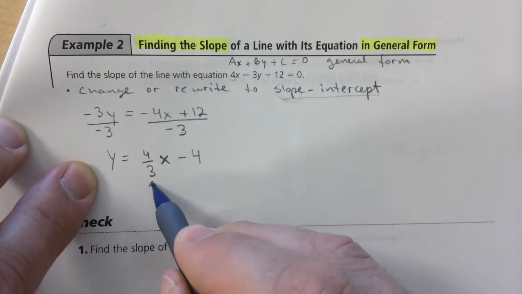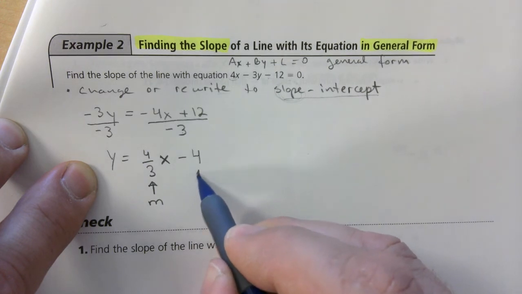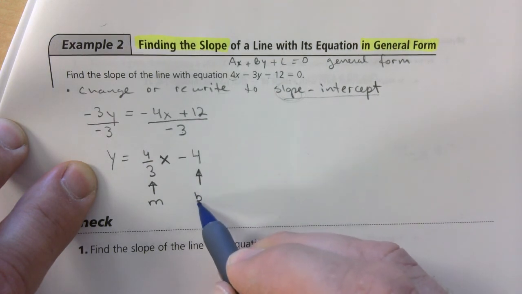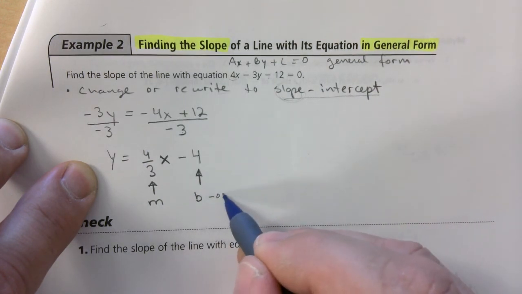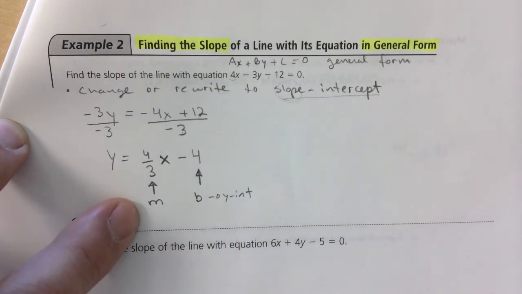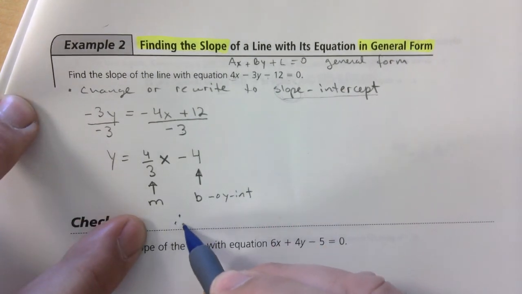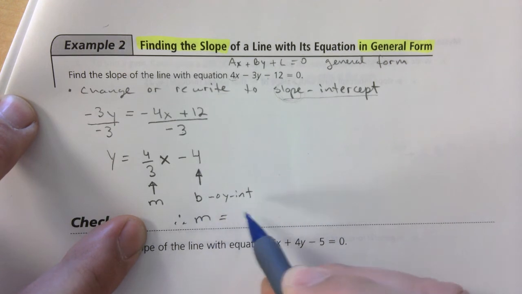This is your slope. This is b, which is my y-intercept. They don't ask for it, but let's keep repeating and make sure we don't forget. So therefore, slope is 4/3.